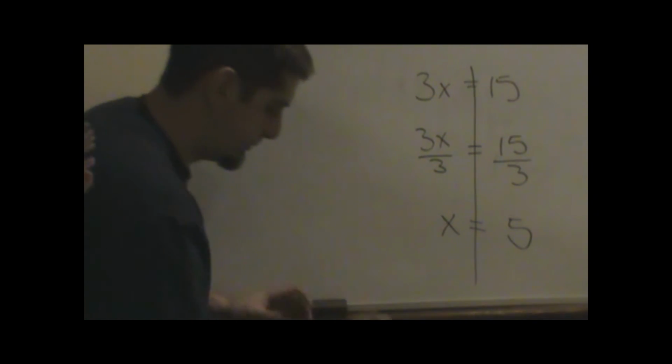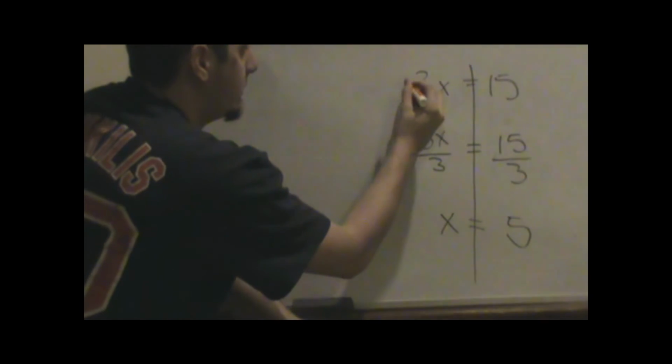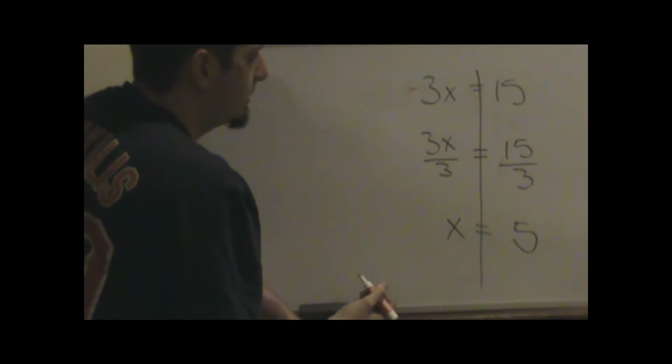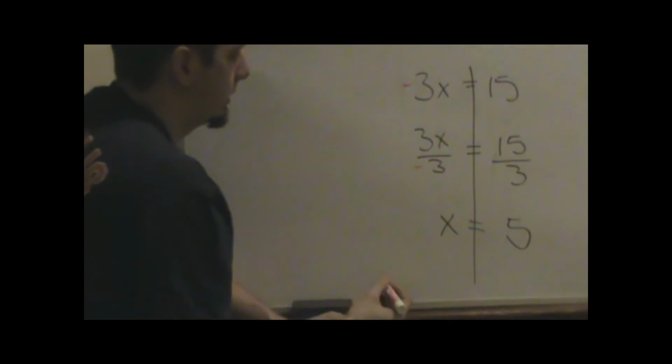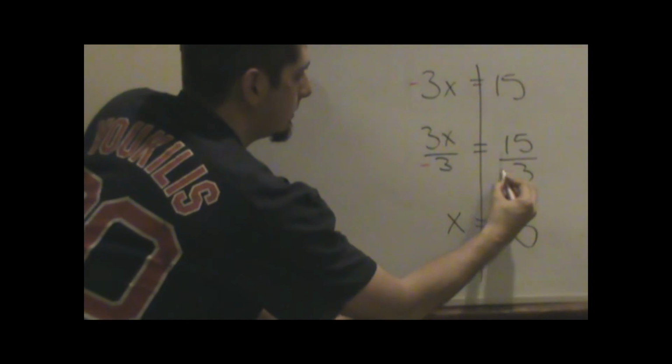And also, just as it works with adding and subtracting, if you have a negative 3 that's being multiplied, you also need to make sure that when you divide, you're using that negative 3.